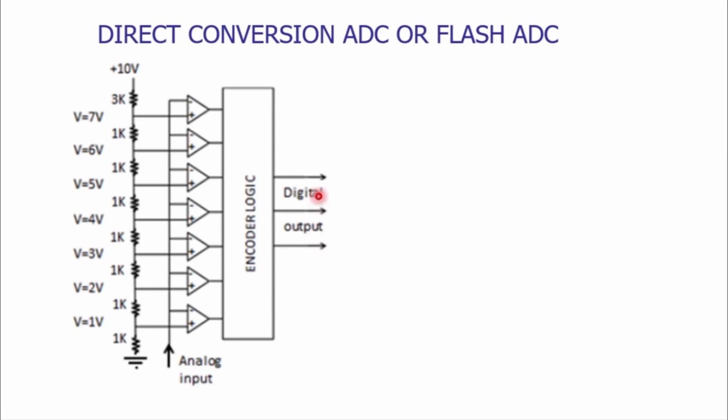To have the 3 output data lines, we need 8 input data lines. So the number of outputs required is 3.